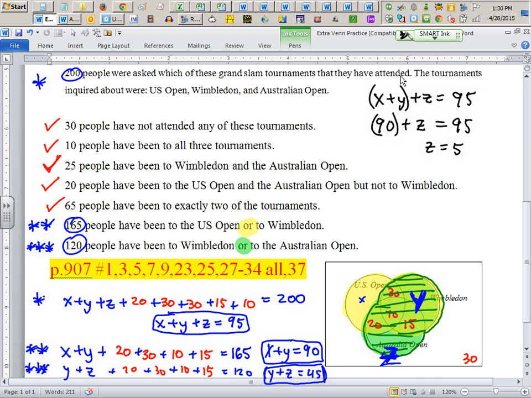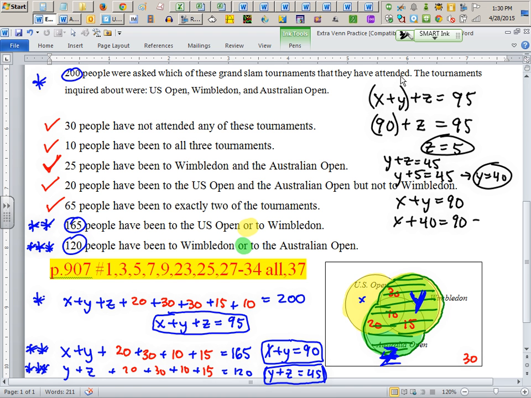That means, since y plus z was 45, if z is 5, you can substitute that in, and you get y equals 40. And lastly, if you're looking for x plus y equals 90, and you already know that y is 40, you can see that x is 50.